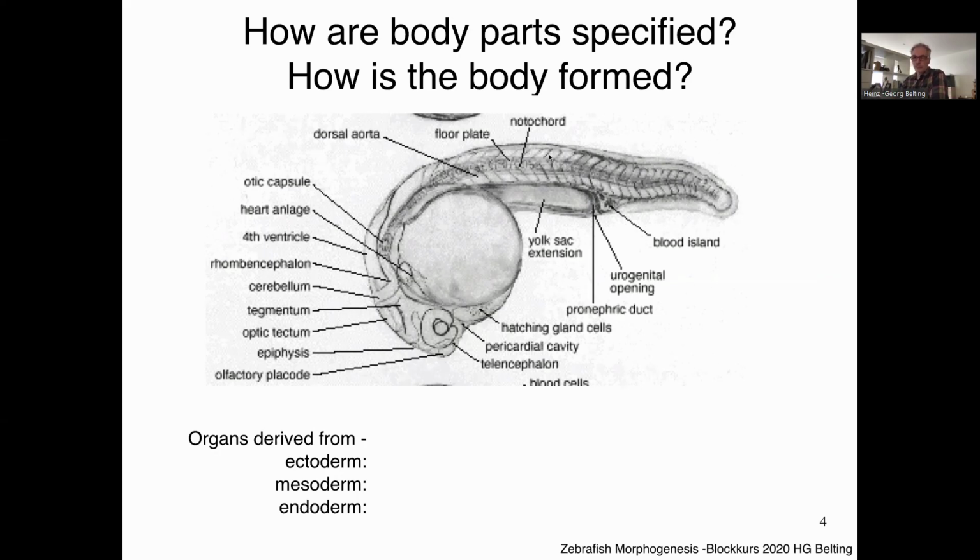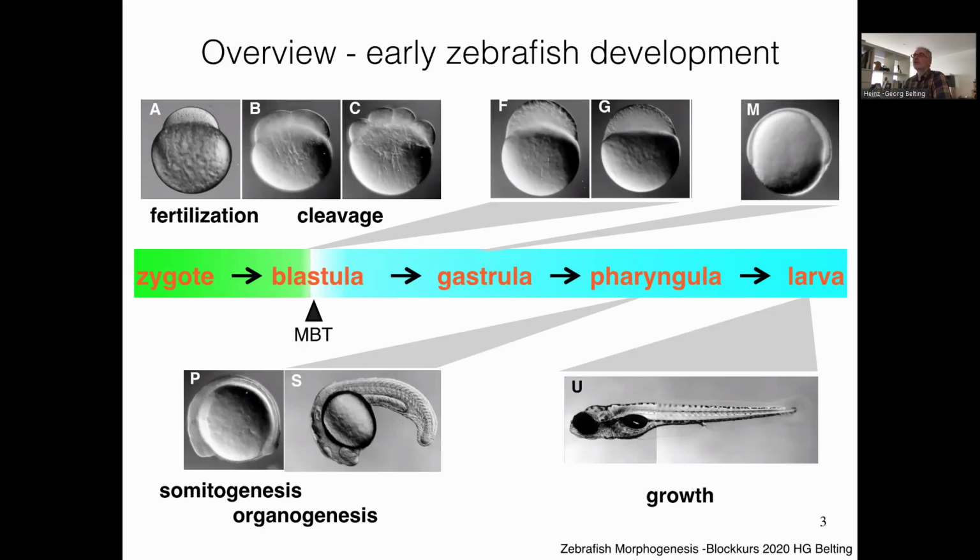And the one question that you can ask, if you go back a slide, is what is the connection between these organs here and anything that happens up here? Do we know how these cells become specified?